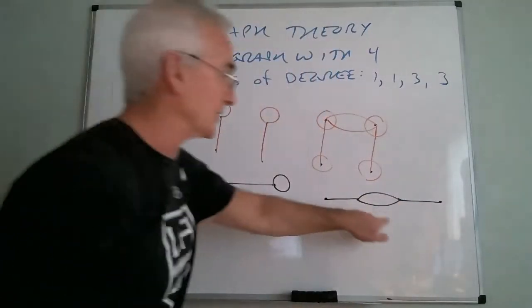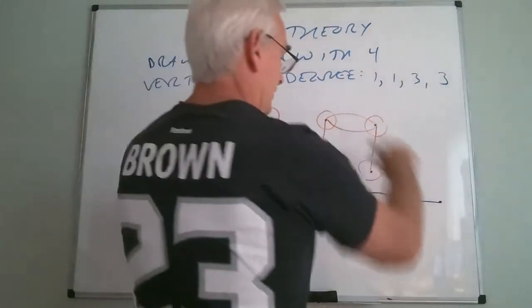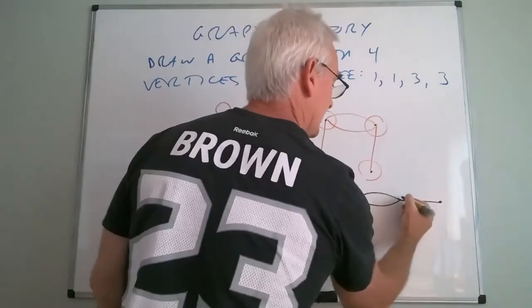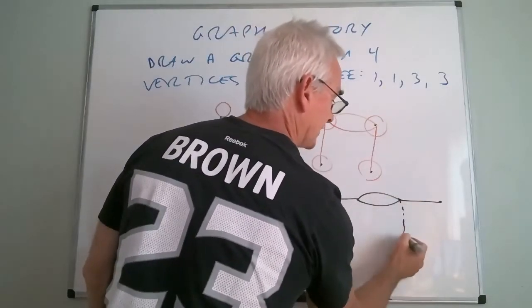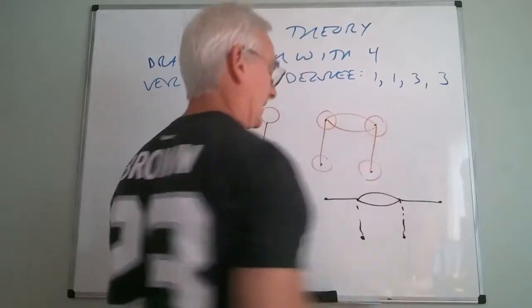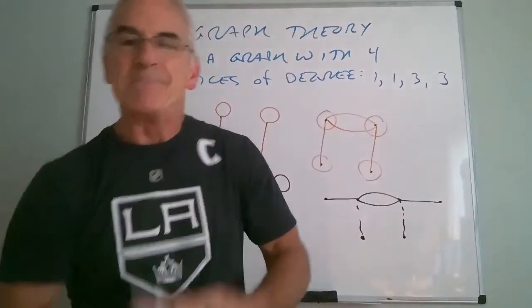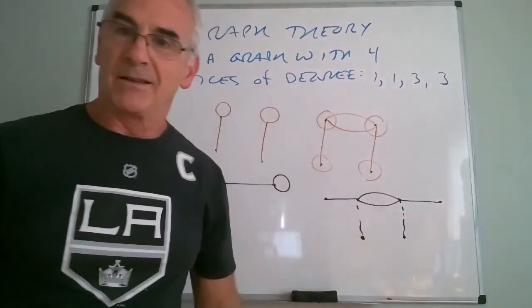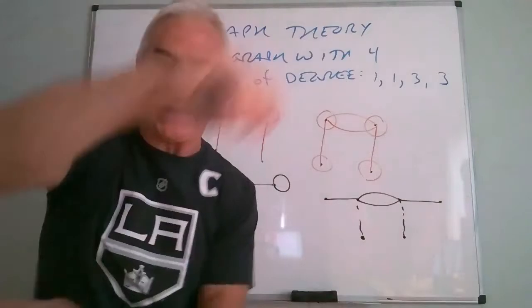Okay, clearly these are different. Clearly these are the same, because if I just take this and bend it down to here, we take this piece and bend it down to here, back to the same thing. So if I can move it, it's the same. If I can rotate it, it's the same.